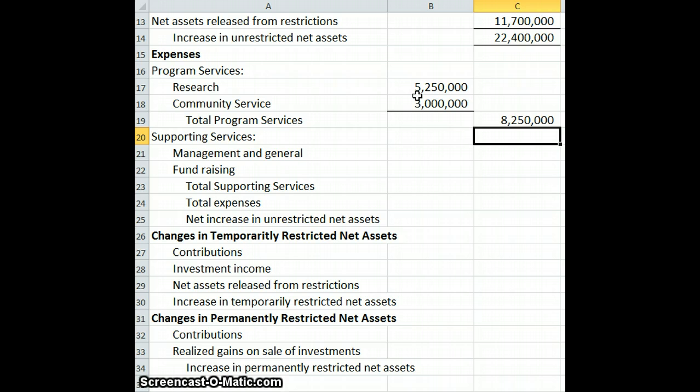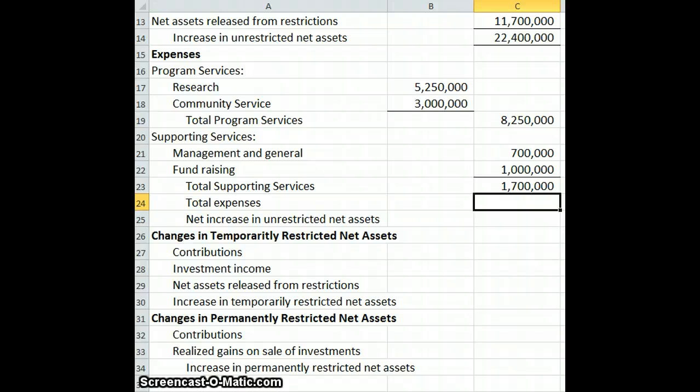$8,250,000. Supporting services are going to be for our overhead types of things. We had expenses for administrative functions of $700,000. We have fundraising, where we had $1 million in expenses. That's all of our supporting service expenses. So we total those up, and we have $1,700,000 in expenses.